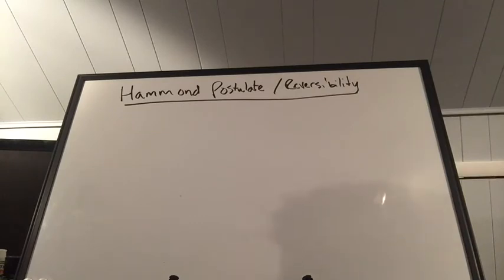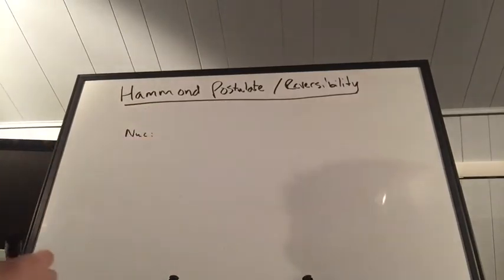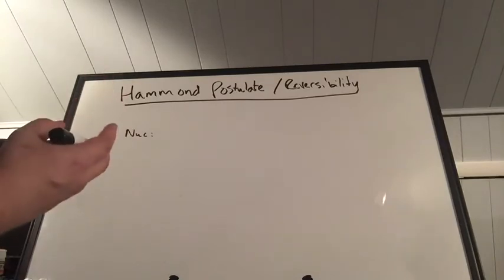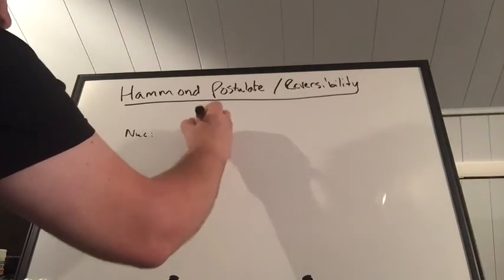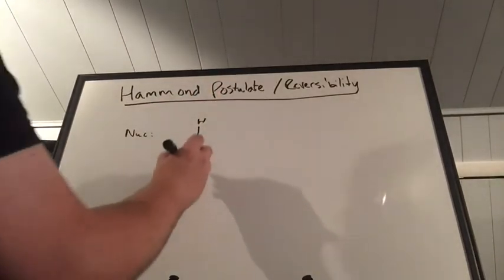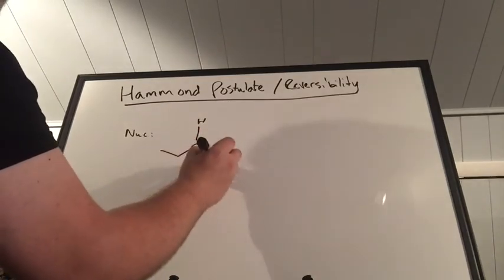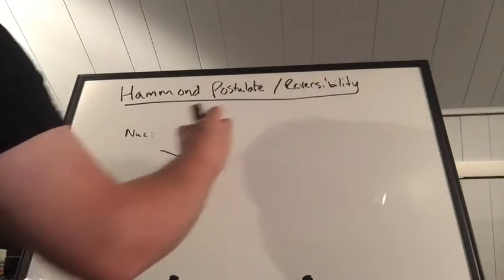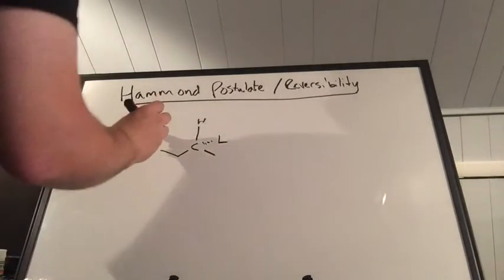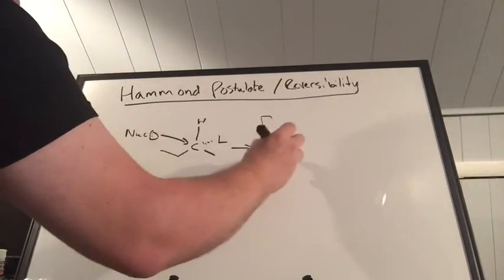Let's say we have a very strong nuke, and then it reacts with, and these are all going to be SN2, right? So that nuke comes in, and you have that transition state.